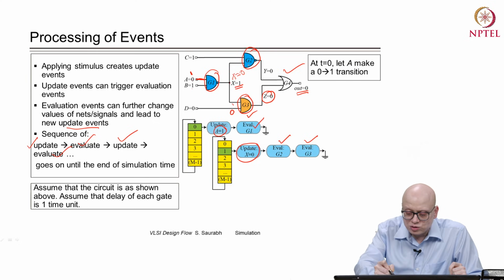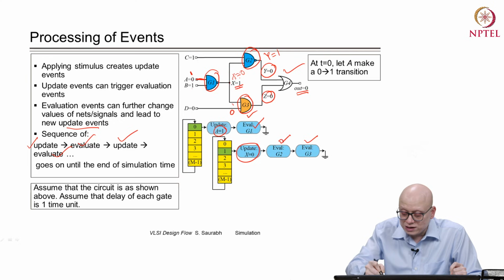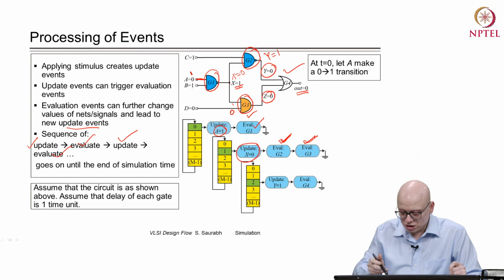But what will happen to G2? Initially the C was 1 and output Y was 0. But now, x has become 0, so Y will become 1. So, evaluation of G2 will create an update event, but evaluation of G3 will not create any new event.